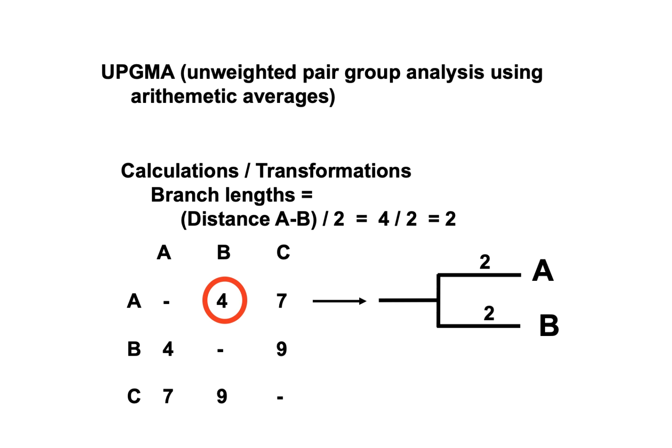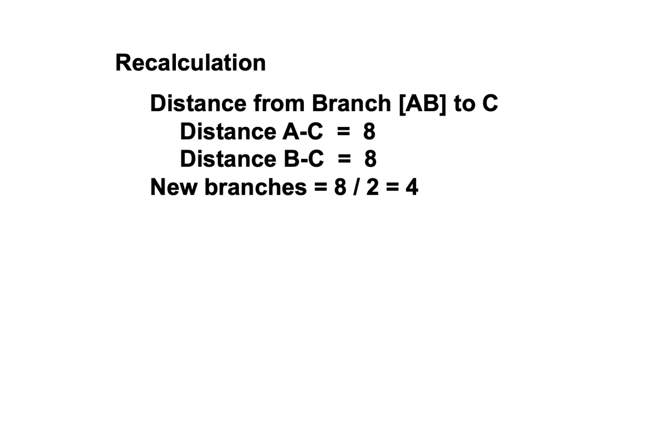So in this case, the two closest taxa are A and B, that they have a distance of 4, so 4 divided by 2 means that each branch will be of equal length of 2.